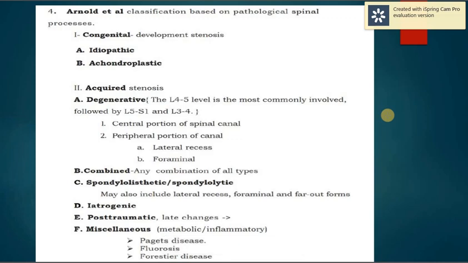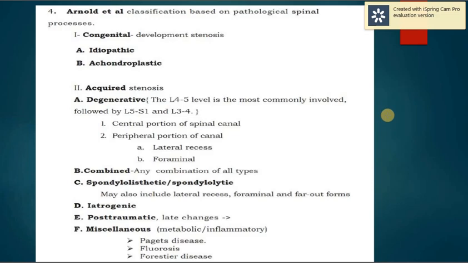Arnold et al. classified based on pathological spinal processes, like congenital, that is developmental stenosis, idiopathic or achondroplastic; idiopathic means unknown reason. Then acquired stenosis. In acquired, he has included degenerative first. L4, L5 level is the most commonly involved, followed by L5, S1, then L3, L4.